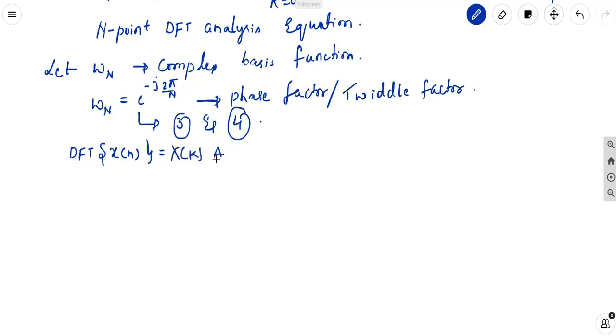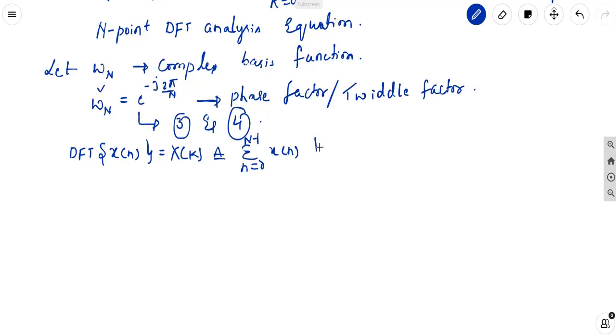By definition, summation 0 to N minus 1, the input signal is x of n, and e to the power of, this whole thing, I am going to substitute as omega N, the twiddle factor.